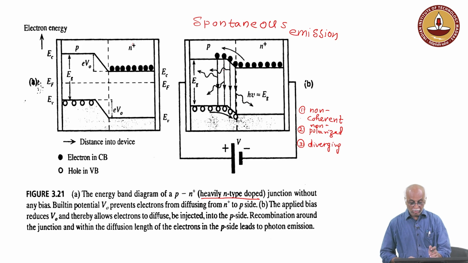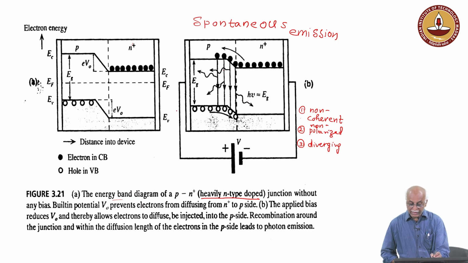So this is a very typical light emitting diode configuration, N plus P doped or P plus N doped, depending upon material characteristics. I am sorry, not P plus N doped, but P plus N plus doped or N plus P doped semiconductor materials.